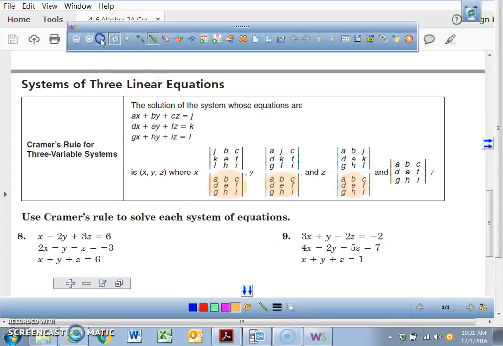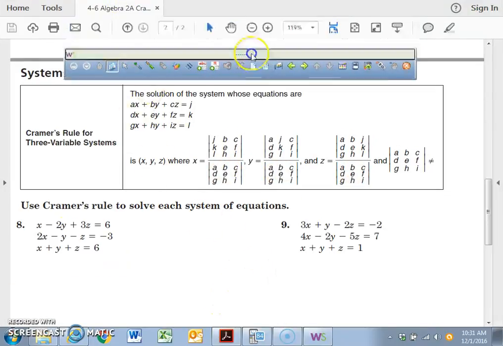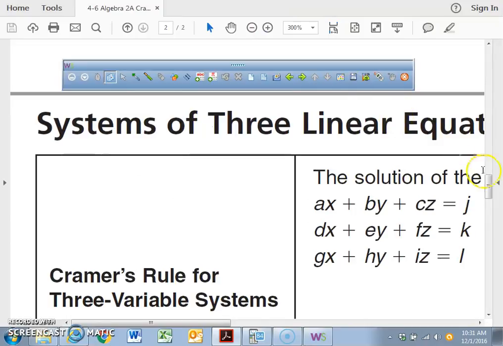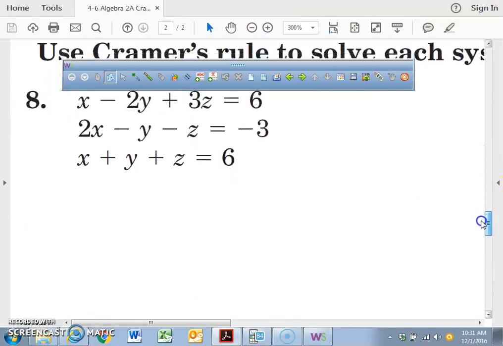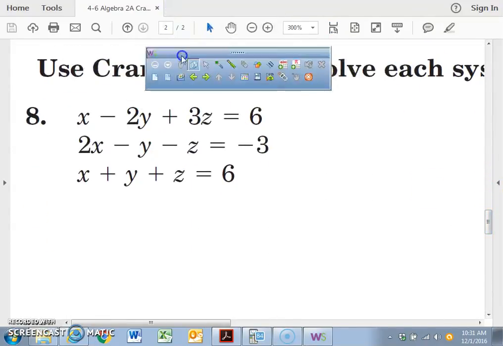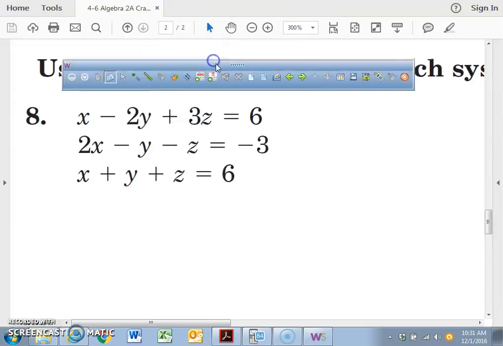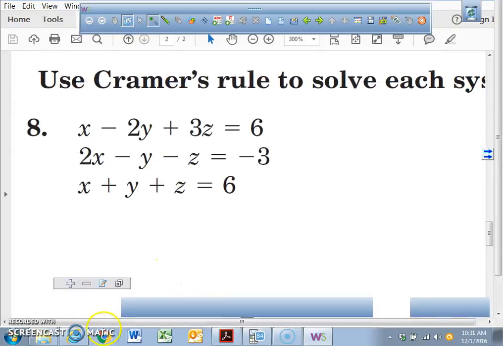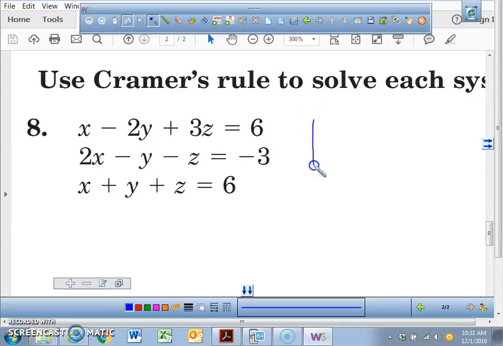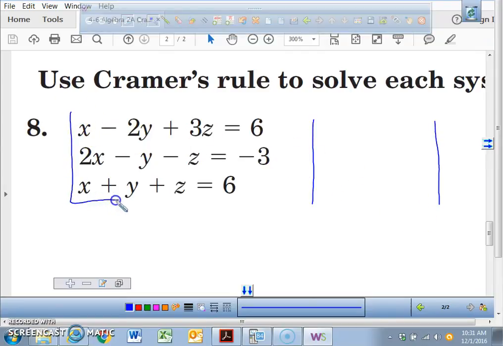I'm going to zoom in so you can see it nice and clear. I'm not going to label all these with letters, though. The first thing we need to build is the determinant that's going to be in the denominator when we solve for x, y, and z. We're going to use this set of coefficients.